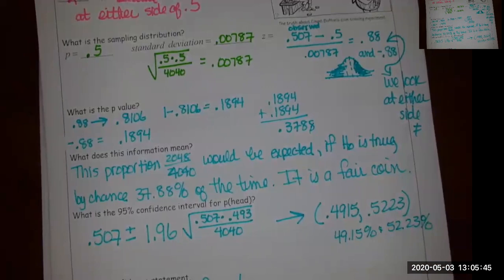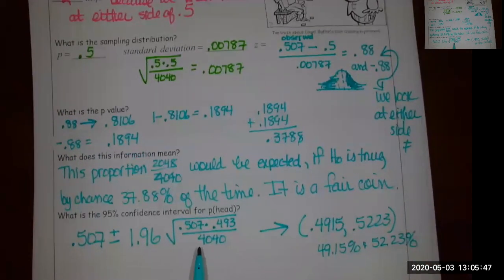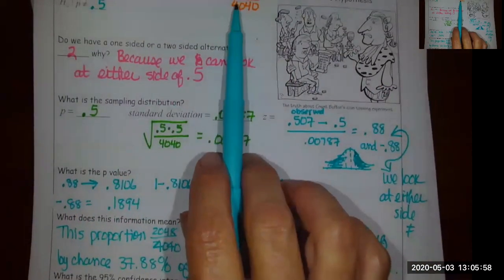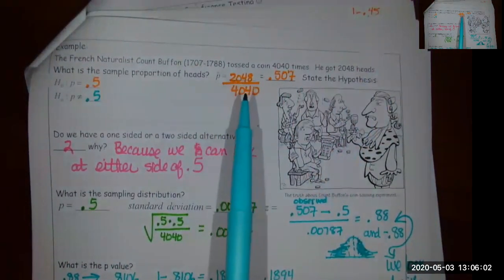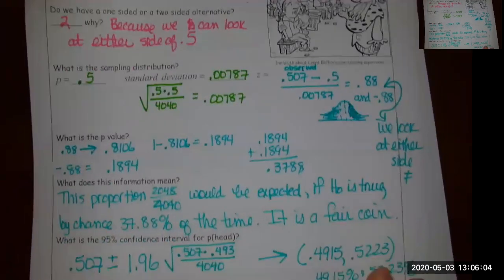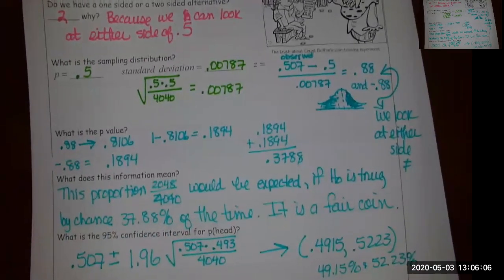That the true proportion of coins that would land 50.7% of the time, the amount of times that we would get 2048 out of 4040 coins, would be between 49.15% and 52.23%. Okay, so I'll let you finish that.